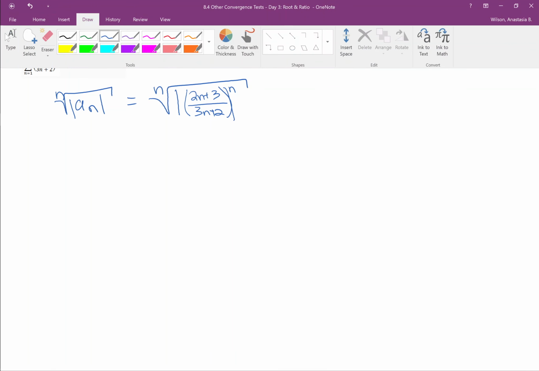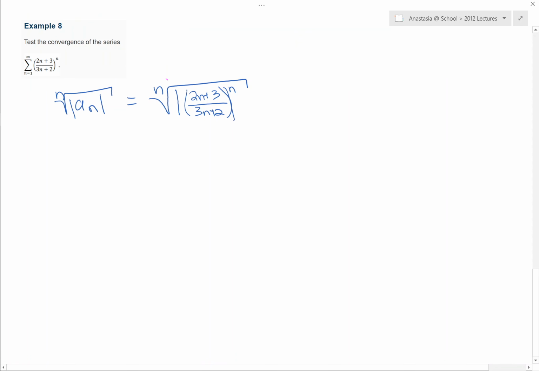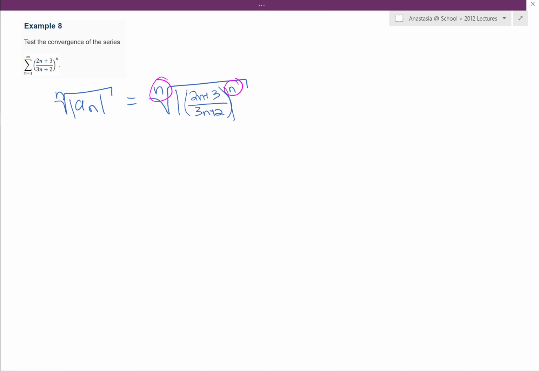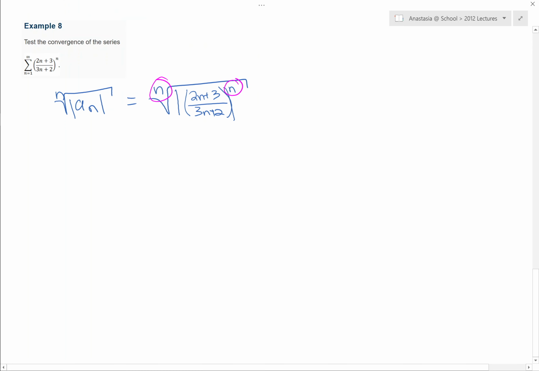And notice that since we are taking the nth root and raising it to the nth power, those do cancel out, so that we are left with simply the absolute value of 2n plus 3 over 3n plus 2. And since n starts at 1, those values are all positive, so we can drop off the absolute value.